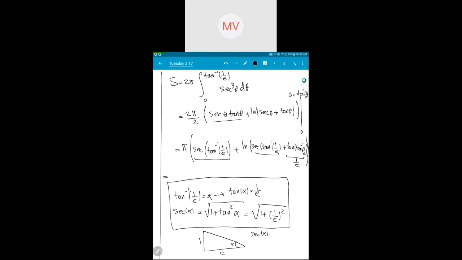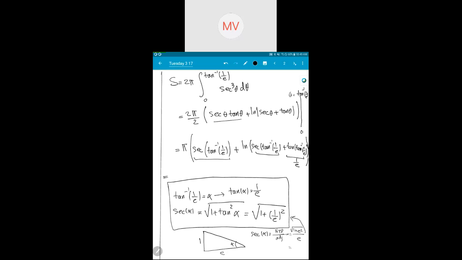Secant alpha is what? It's hypotenuse over adjacent. So that's the square root of 1 plus e squared over e, which is exactly the one up there, right?